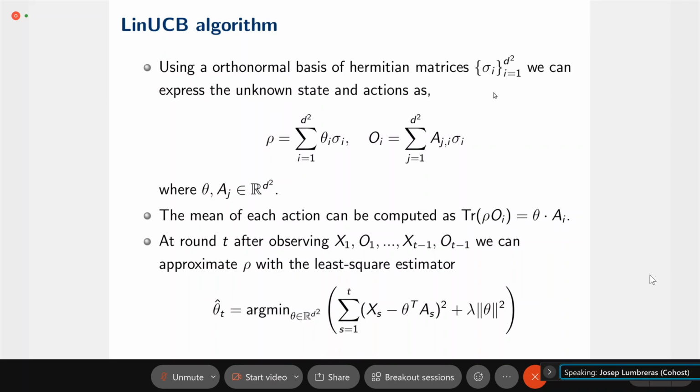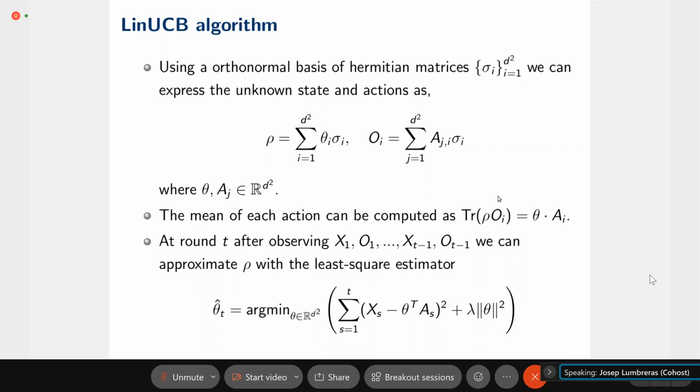So for the mean of each action for the quantum state, we associate the vector zeta, and for the observable O_i, the vector A_i. Then the trace of rho O_i can be seen as just the inner product of zeta and A_i, the vectors associated to rho and the observable.